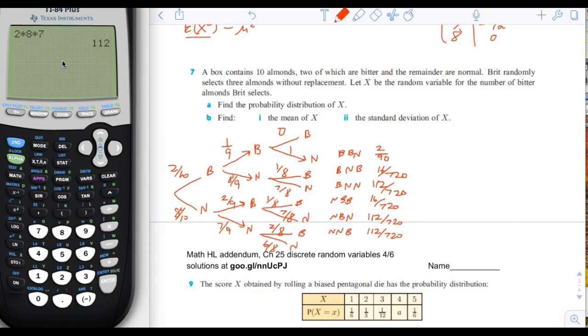And the last one is NNN, which is 8 times 7 times 6. So 8 times 7 is 56, and 56 times 6 is 336.